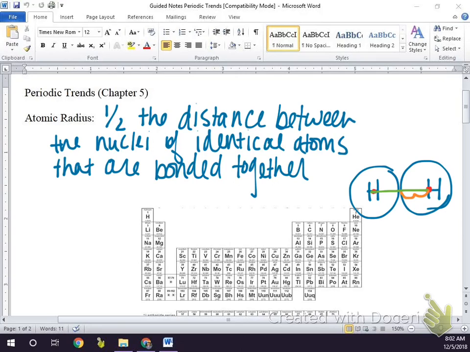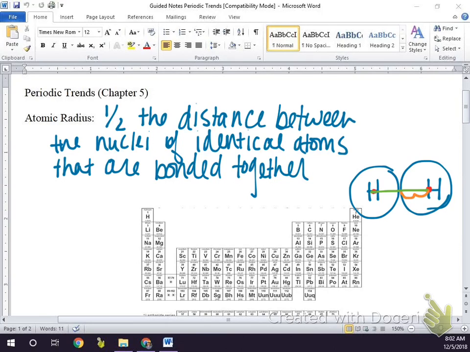That means it's really hard for us to find the definitive edge of the atom. So the way we measure atomic radius is we take the distance between the nuclei of two identical atoms, and we take half of that. And we say that's about where one of our hydrogen atoms ends. Does that kind of make sense?